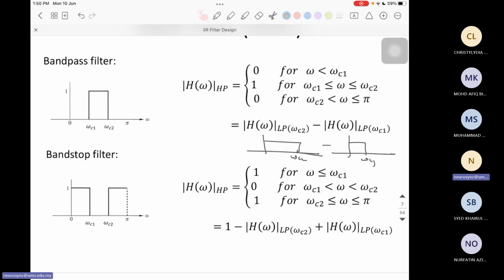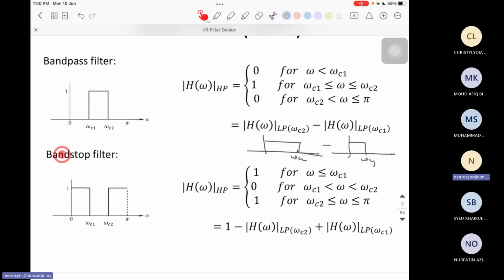So it will not pass the frequencies between these two, and otherwise we will get output 1. It will pass frequencies below omega C1 and frequencies greater than omega C2. And it is represented up to pi, because from 0 to pi, it will again repeat the sequence.